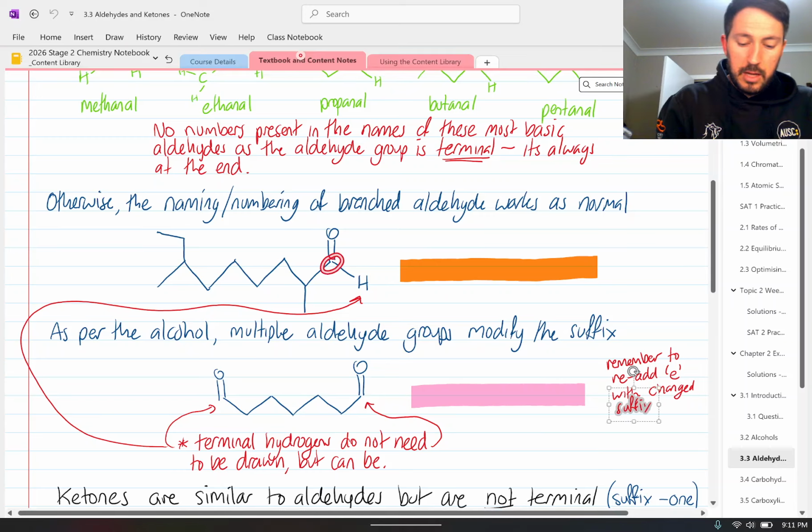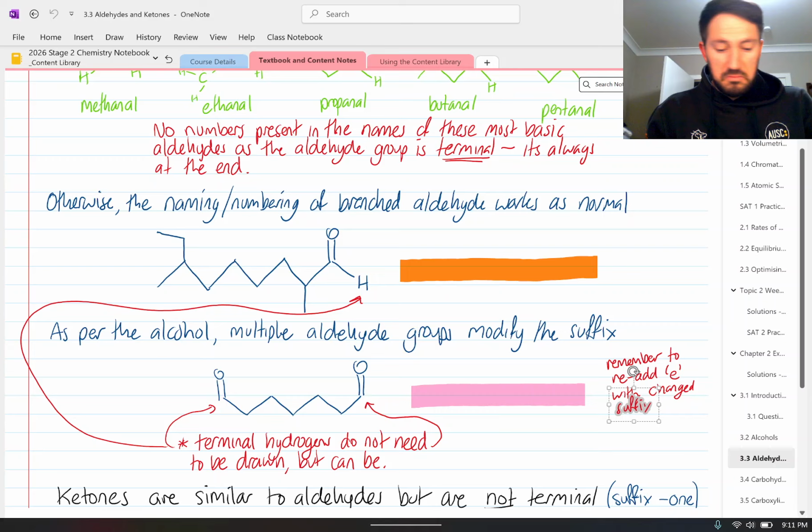So this carbon here has to be part of it, because this is the highest priority functional group in this molecule. It's actually the only functional group apart from our alkene and alkyl groups. So we have to include this one, and that is going to be our carbon number one.